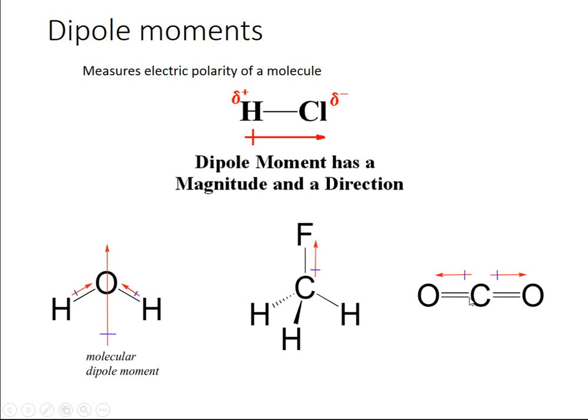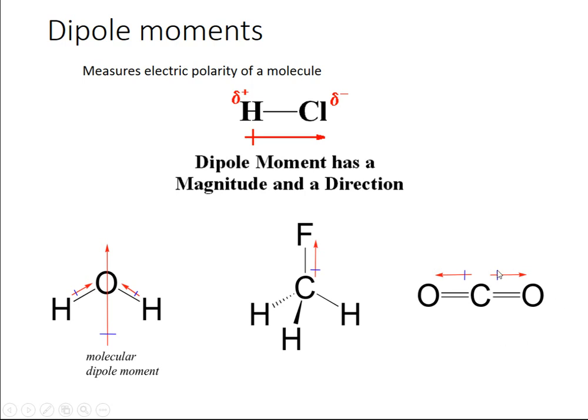Now here we have carbon in between, oxygen this side, oxygen this side. So what's going to happen is the dipole moment will move from carbon to oxygen. But another dipole moment will also move from carbon to oxygen. So because we have the same magnitude of dipole moments, but going the opposite direction, the dipole moments here will cancel each other.